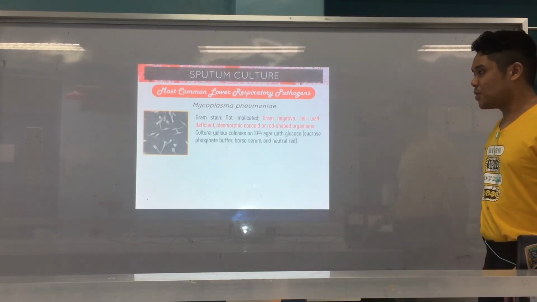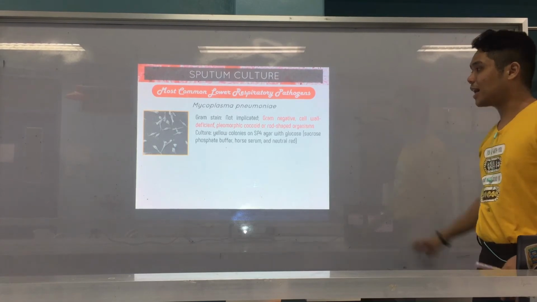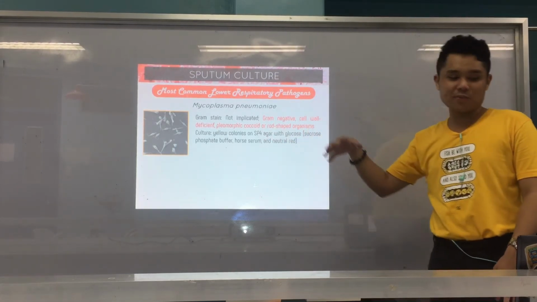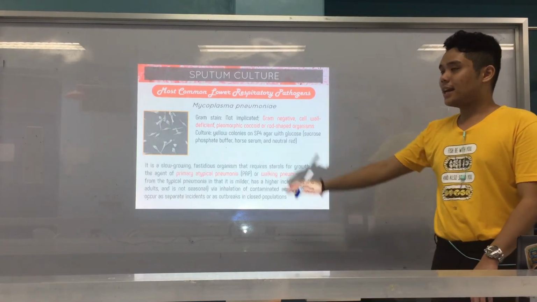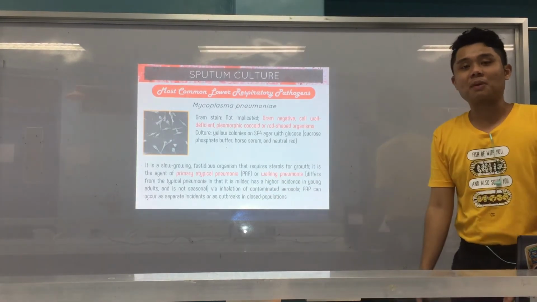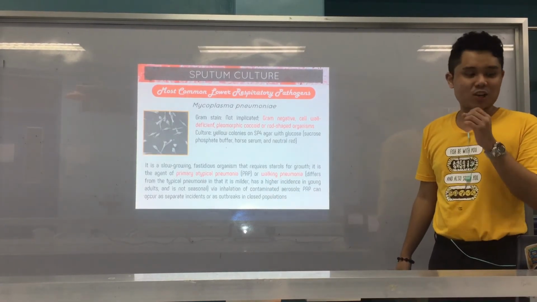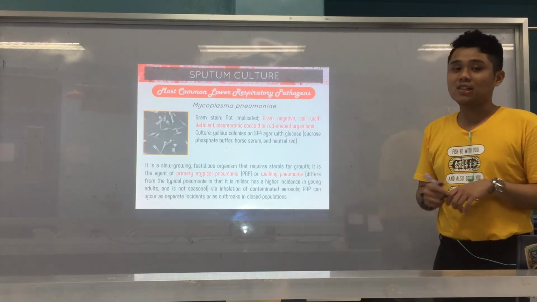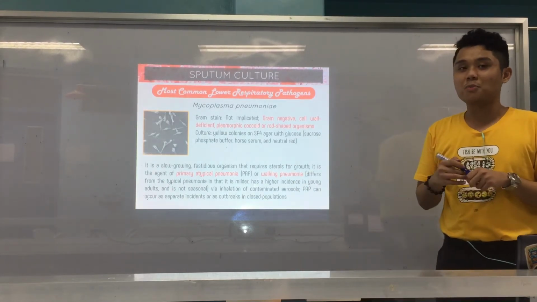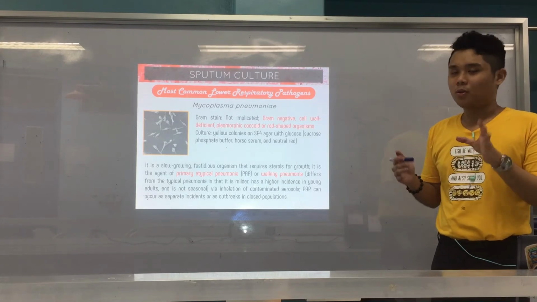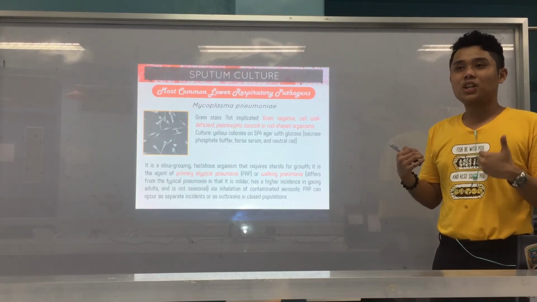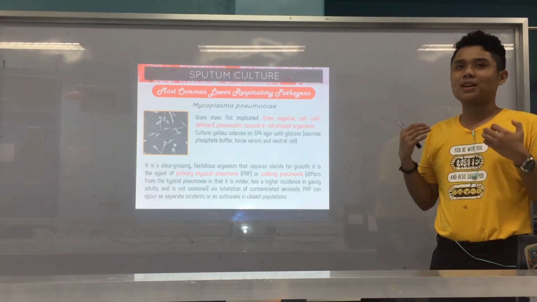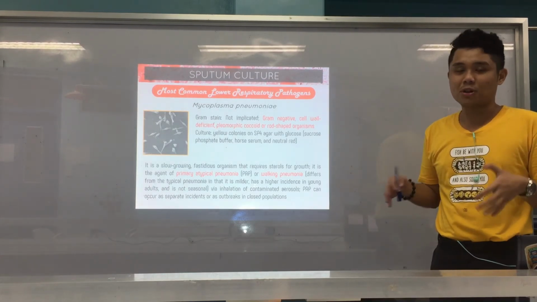Now, for Mycoplasma pneumoniae, you culture it on SP4 agar, sucrose phosphate. So, specific culture media. I'm sure I discussed that in the lecture. Okay? The most important thing to remember about Mycoplasma pneumoniae is that it causes primary atypical pneumonia, PAP, or walking pneumonia. Now, what do we mean by walking? Walking pneumonia is when you have pneumonia, but you don't feel it, or the symptoms are not very showy. But you have pneumonia.